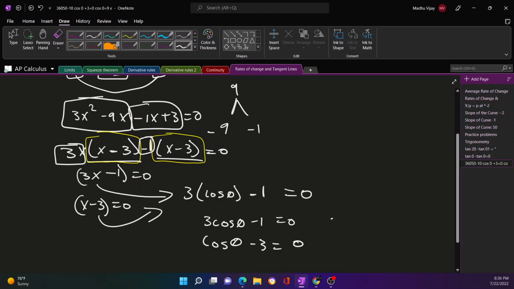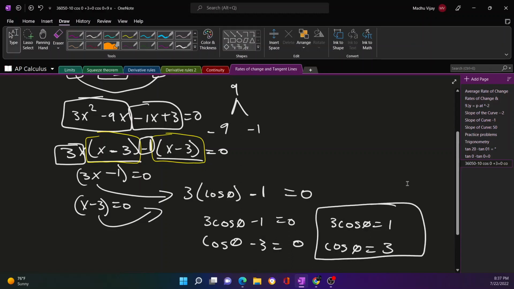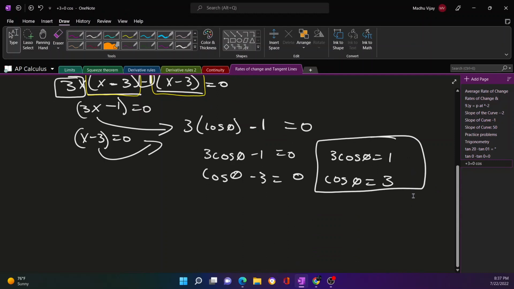And then now if we simplify this, 3 cosine theta is equal to 1, and then cosine theta is equal to 3. And then these are your answers. You can just leave it like this, or you could put it into the calculator. And, I'm sorry, I forgot to do one more thing. Divide by 3 here.